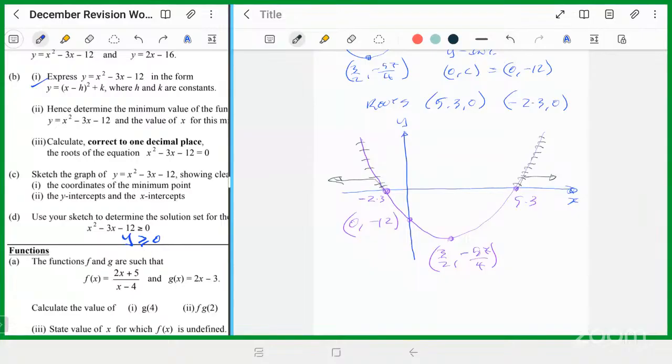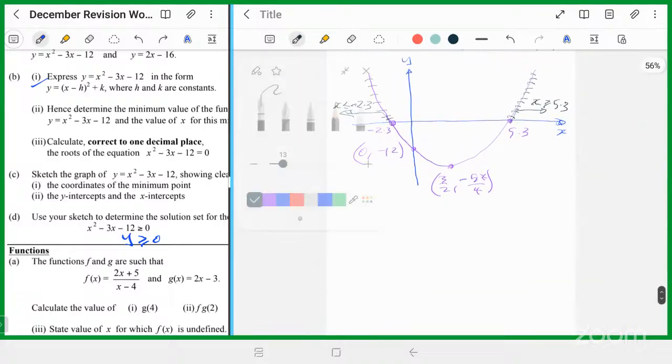So the solutions are on these. X is less than or equal to negative 2.3, and the equal to part is for the point on the x-axis. Over here, your x is greater than or equal to 5.3. So that is the solution.